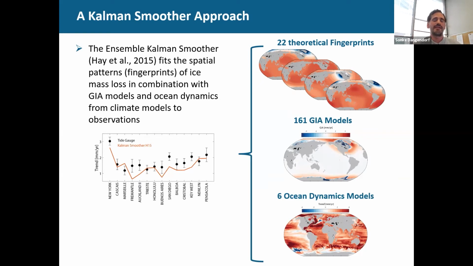One of the reasons that it wasn't really working locally very well was the fact that the fingerprints of glacial melt or ice sheet melting have very similar spatial patterns. For instance, the Greenland fingerprint and the Iceland fingerprint are very similar.